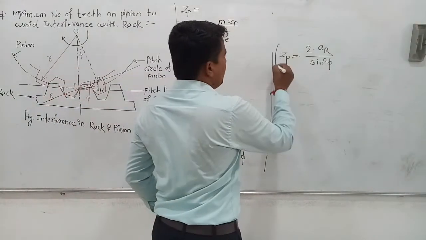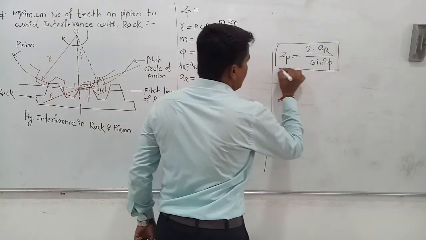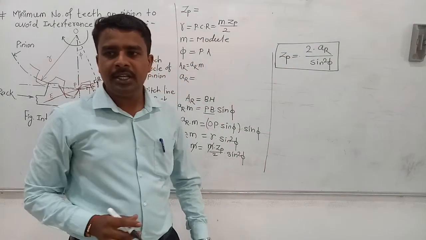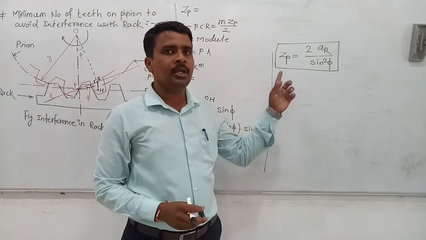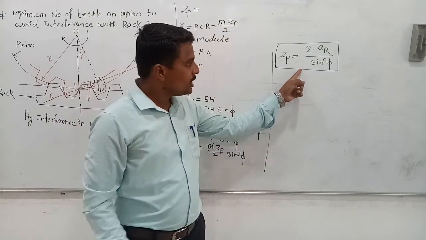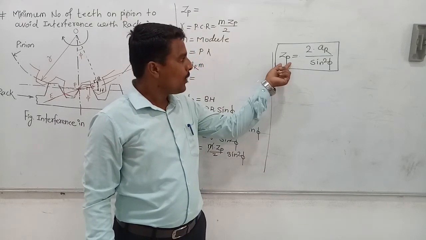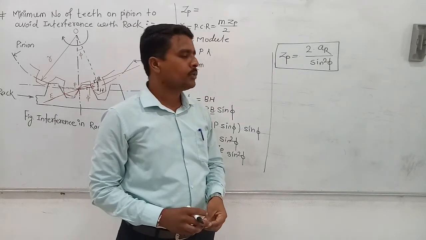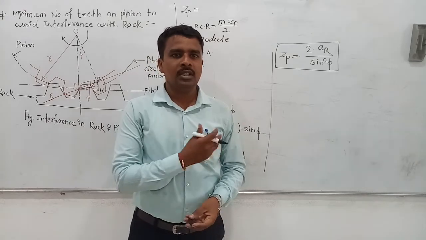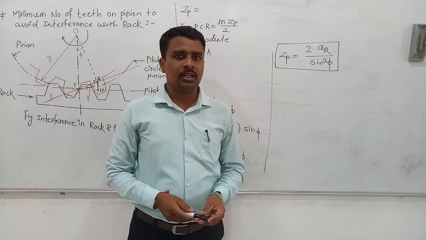So Zp is the minimum number of teeth on pinion to avoid the interference between pinion and rack. So this equation is used to calculate value of minimum number of teeth on pinion to avoid the interference with rack. Okay, so I think you got this concept. Thank you all of you.